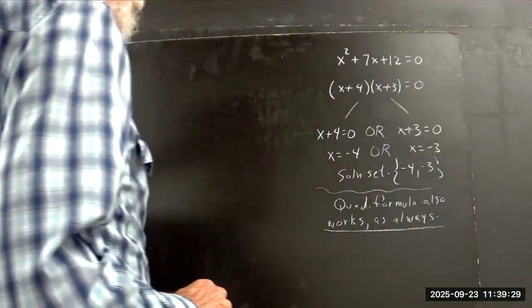Now, the quadratic formula always works. It always gives you the solutions. A equals 1, B equals 7, C equals 12.